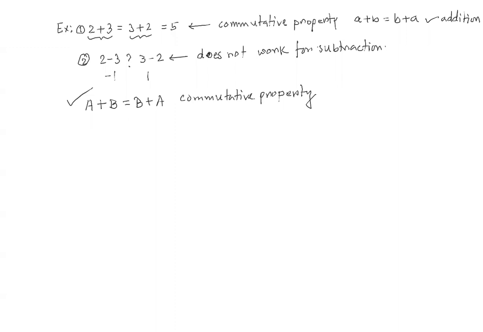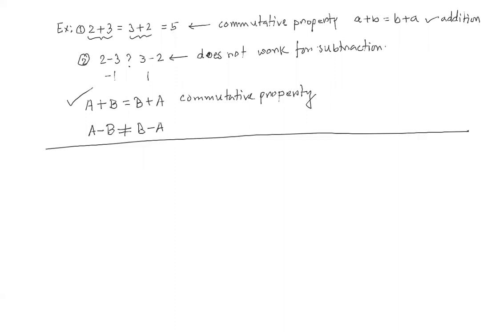Similarly, the commutative property does not hold true for subtraction. That means A minus B is not equal to B minus A. So remember that. So that's the commutative property.